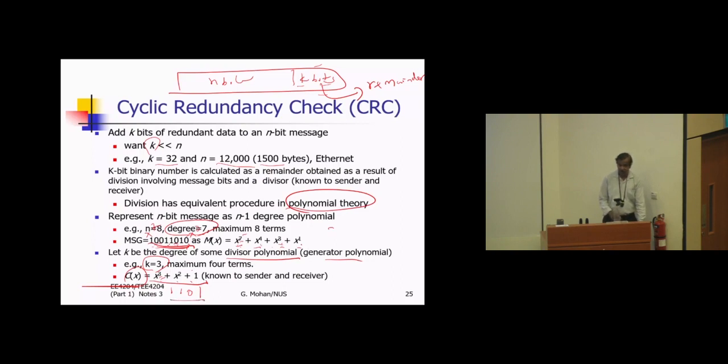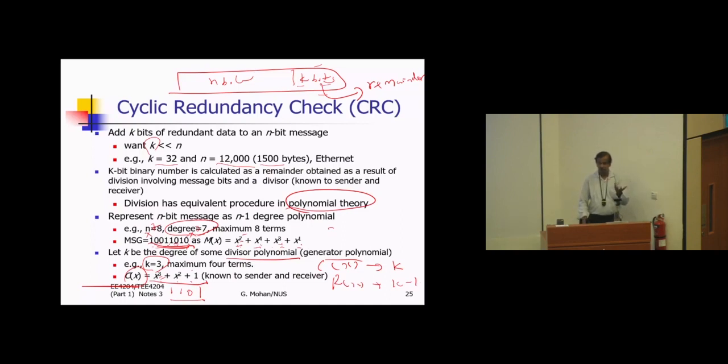If your divisor, let's say c of x, has degree k, then you will have k plus 1 bits. Then the remainder degree will be k minus 1. This is something like when you divide a number by 5, the maximum remainder is 4.